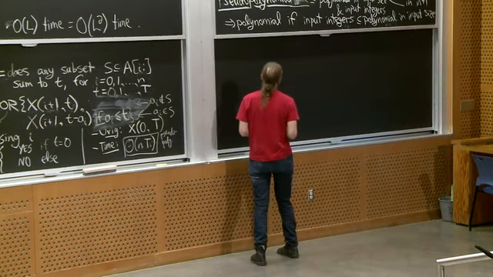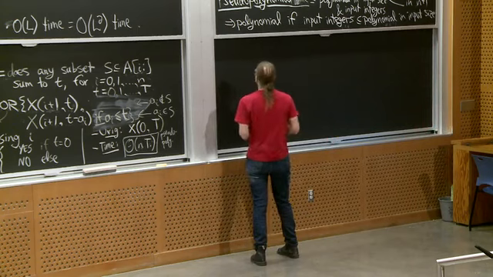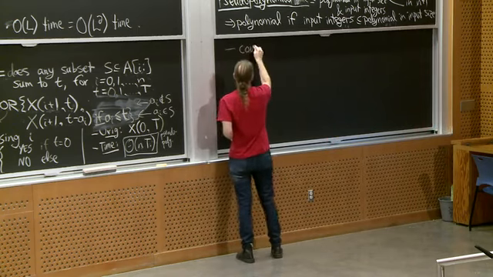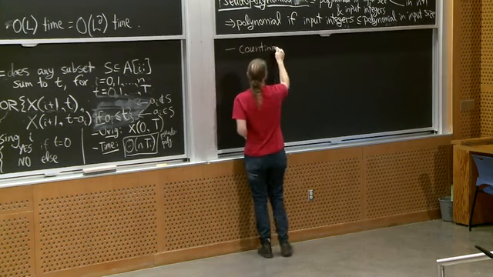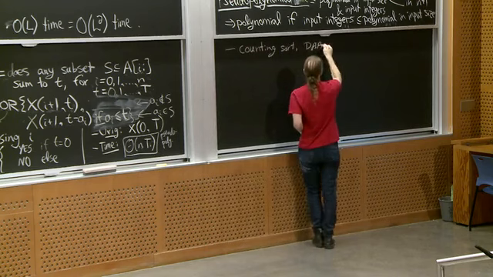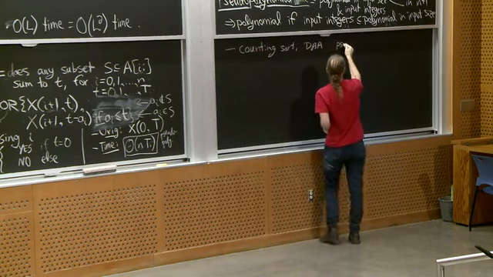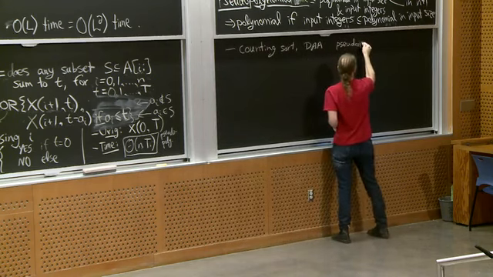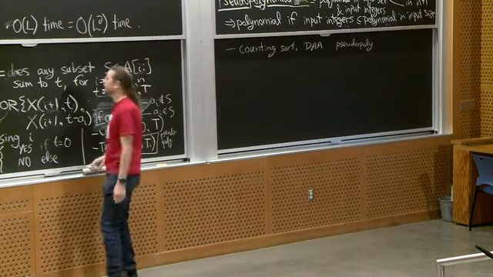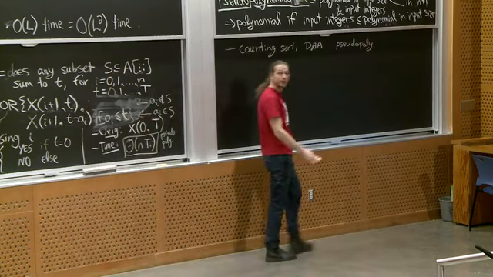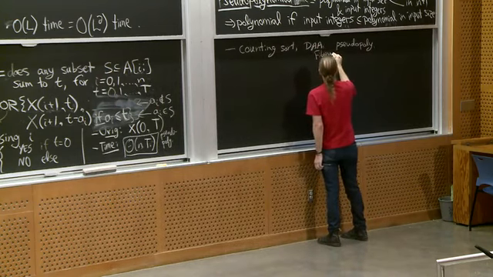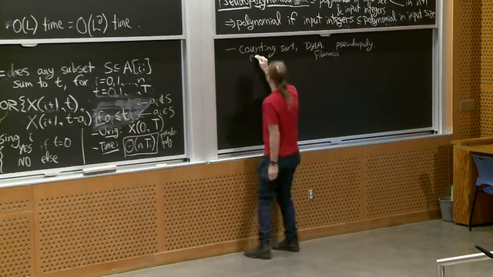And let's see. In particular, other structures we've seen, like counting sort and direct access arrays, are also pseudo-polynomial. Any others? Radix sort. Yes. Technically, also radix sort.